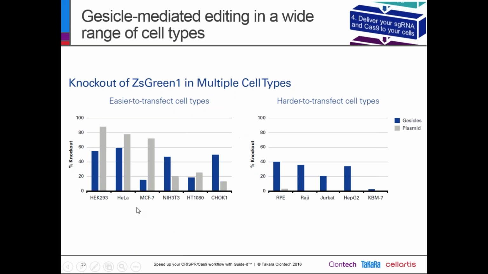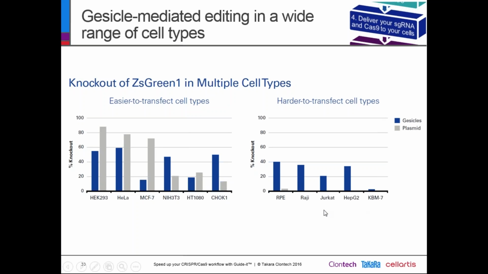In all cases, however, you should get lower off-target effects compared to plasmid delivery, because you will deliver an active protein which is degraded very rapidly. And I will speak about the off-target effects in a few seconds.